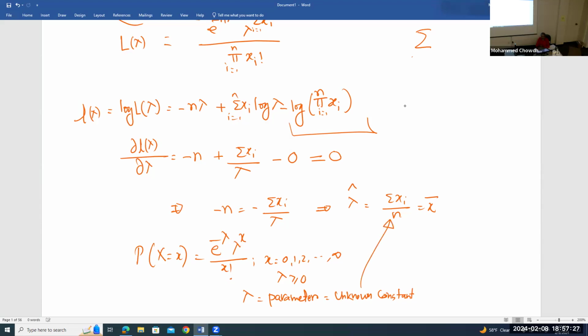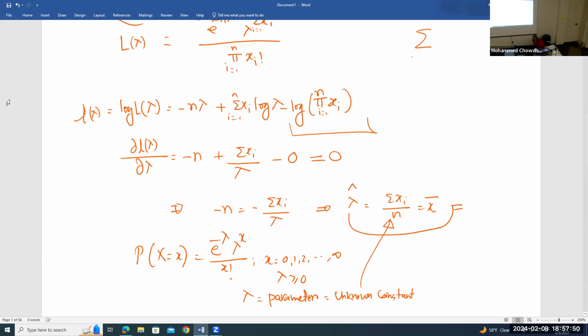This unknown constant can be estimated by the maximum likelihood method, and the estimate is this. If the online student Shafali collects data, I collect another data, my friend Bhaskar collects another data, all of our estimate values will be different, right? Because the sample is different. So what is a parameter? Parameter means unknown constant.